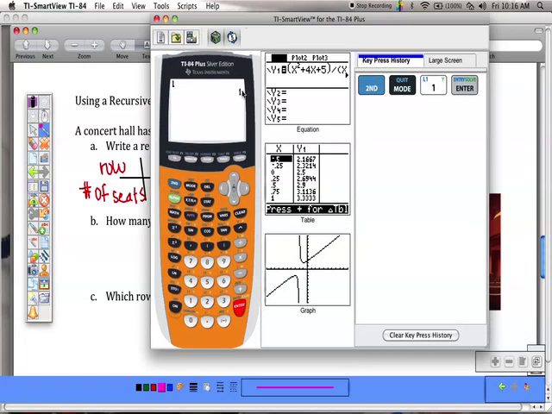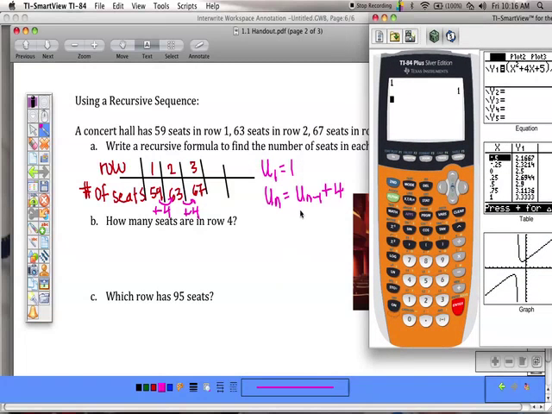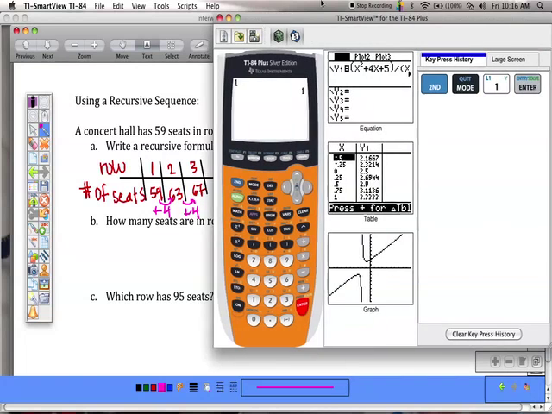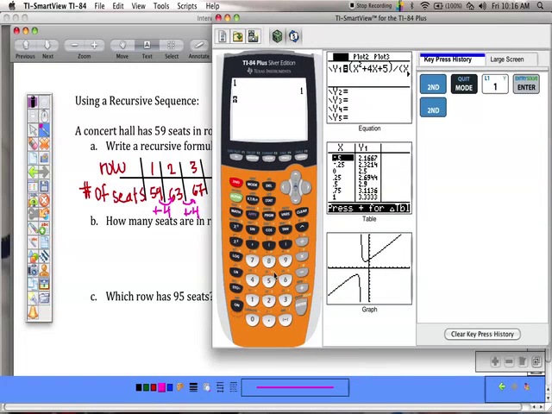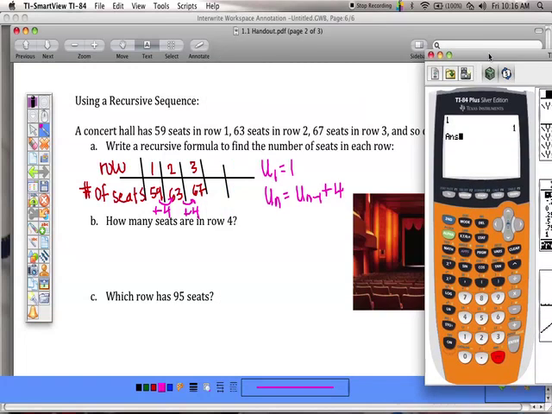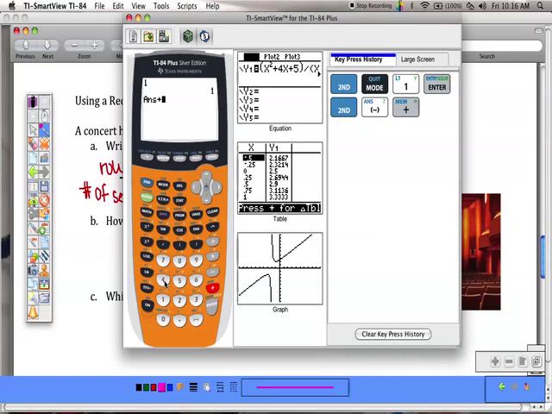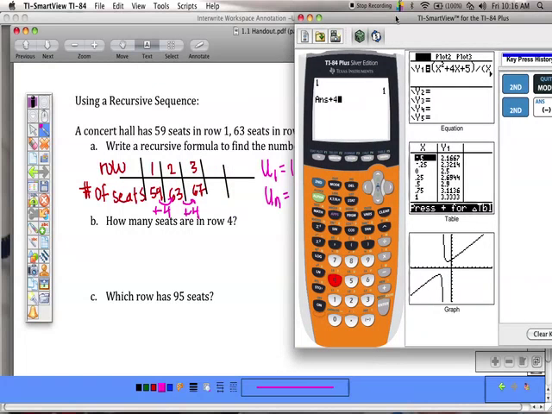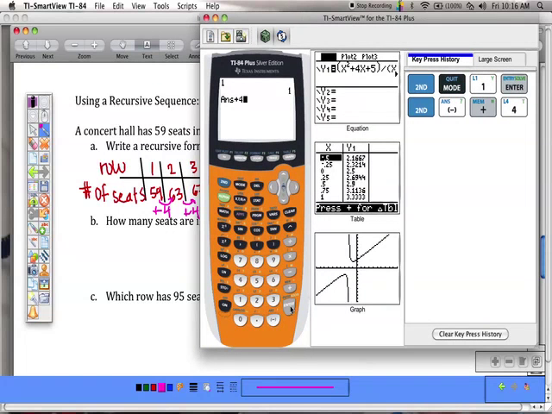Okay, so now that's the last answer. Whenever you see a U sub n minus 1, you can use your answer key in place of that. So if you hit second and the negative sign, that's like U sub n minus 1, and then you have +4. Okay, now every time I hit enter, it's the next number in the sequence.